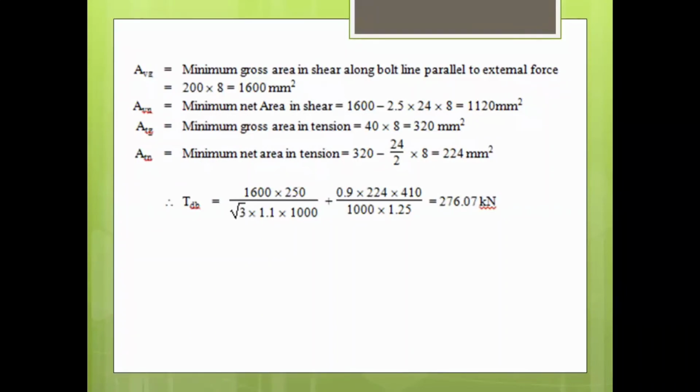Now substitute the area values as well as Fy, Fu, gamma M0 and gamma M1, and you will get Tdb, the design shear strength due to block shear, as 276.07 kilonewton. This is only from the first equation.